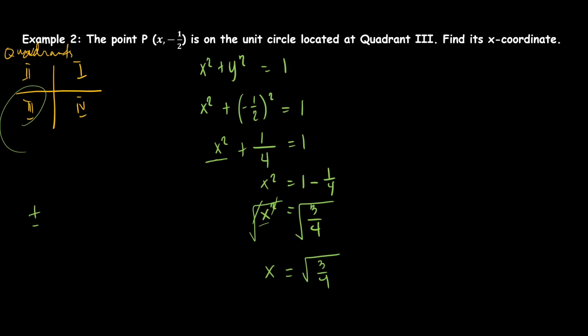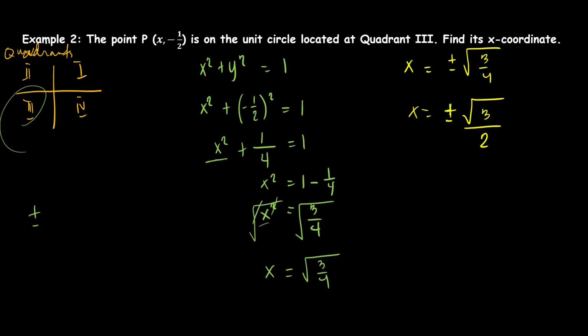So x equals plus or minus square root of 3/4. The square root of 4 is 2. Therefore, our x is plus or minus square root of 3 over 2.